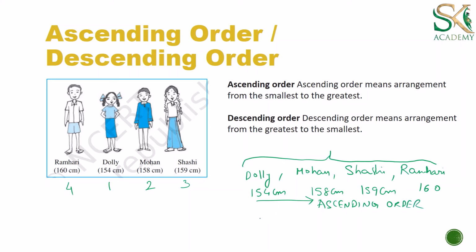Similarly, if you write the other way, Ram Hari 160 centimeters, Shashi is 159 centimeters, Mohan 158 centimeters, and Dolly 154 centimeters.